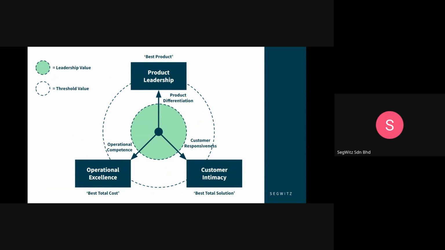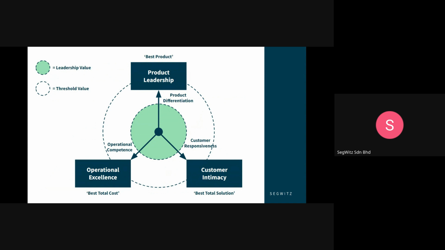And it has to be the best total cost: the cost of developing, maintaining, and upkeeping the technology that we build for our clients and partners. Internally, best product, best total cost, best total solution are byproducts. These are basically the final goal, but let's not fixate our minds on that.